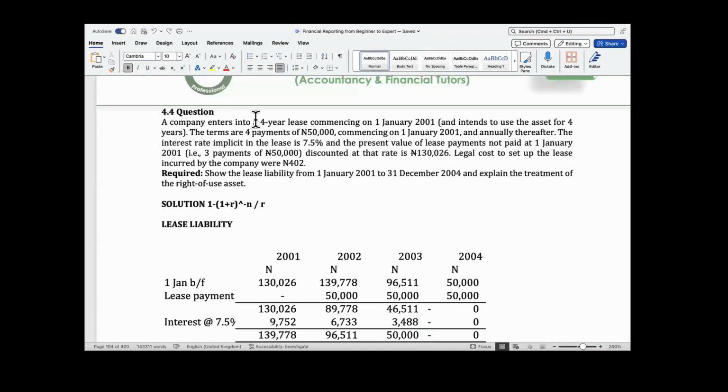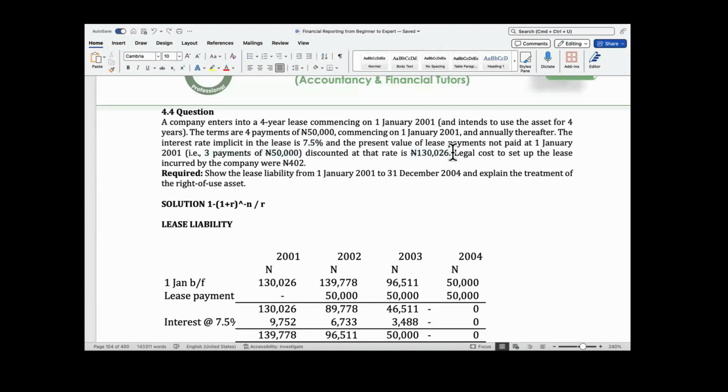The question says the company enters into a 4-year lease commencing on 1st January 2001 and intends to use the asset for 4 years. The terms are 4 payments of 50,000 commencing on 1st January 2001 and annually thereafter. The interest rate implicit in the lease is 7.5%, and the present value of lease payments not paid at 1st January 2001, that is 3 payments of 50,000, discounted at that rate is 130,026.